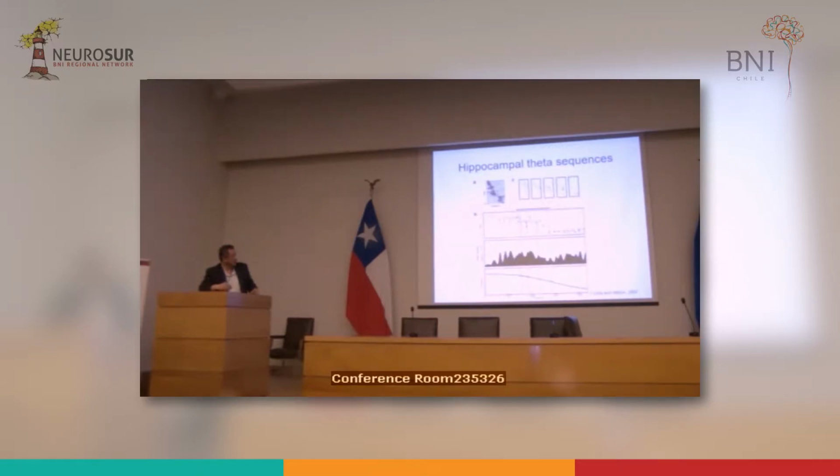And this is just an illustration of, again, raw data showing multiple cells, an animal walking along a track, and you see, as it walks, there are these sweeps where a series of cells will fire, suggesting a sequence.